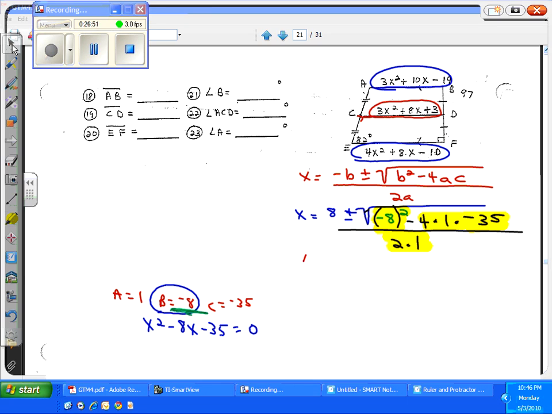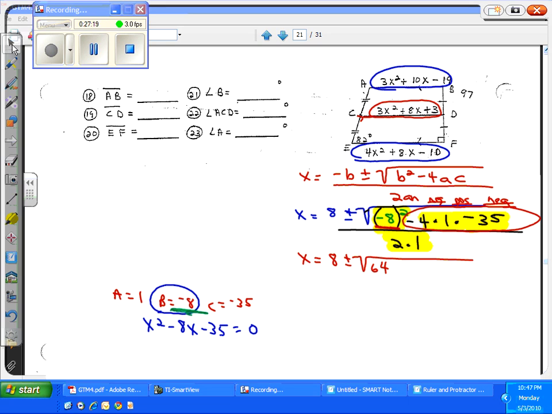So that's going to give me x is equal to 8 plus or minus the square root of 8 squared, negative 8 squared, which is positive 64. We're going to multiply all of this. It's a negative 4, a positive 1, and a negative 35. That's an even number of negatives.